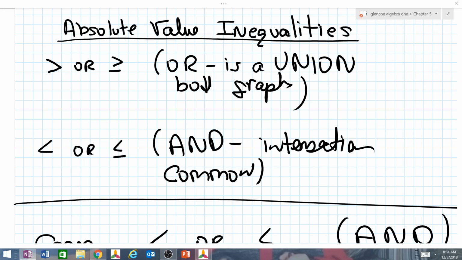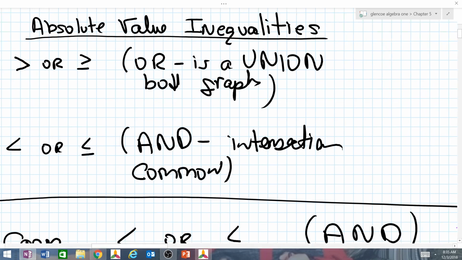So let's take it nice and easy. Again, I highly recommend that you write this down. If it's greater than or equal to, remember we exaggerated "great-OR" instead of ER, OR, which means a union. And if it's less than or equal to, it's an AND, which is an intersection.